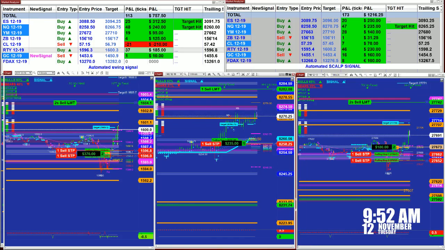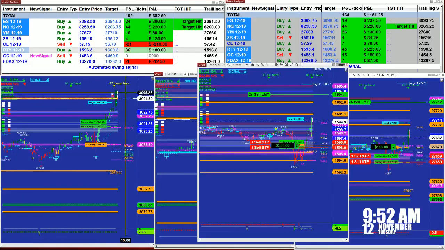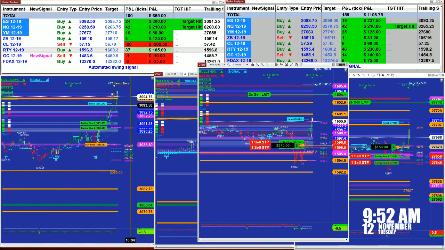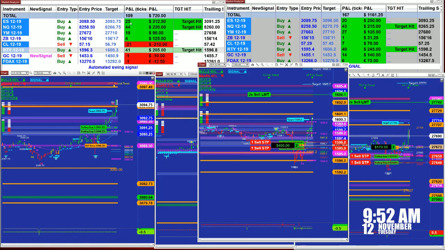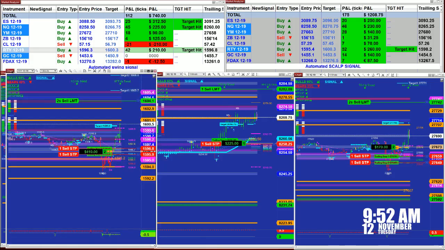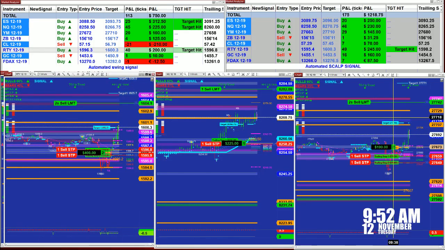So this is what we are looking for. The ES has already hit the target, and we are done with the trade on the ES. The ES nailed 24 ticks based on one contract, and if you have two contracts, then it will be 50 ticks on the ES, sorry.